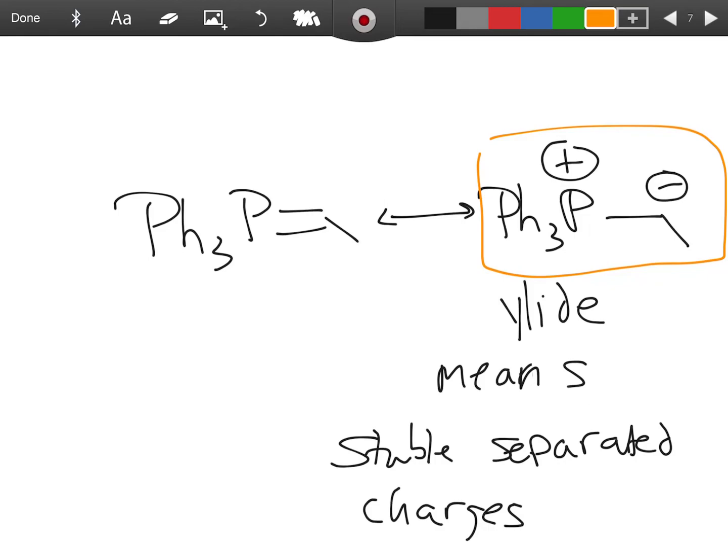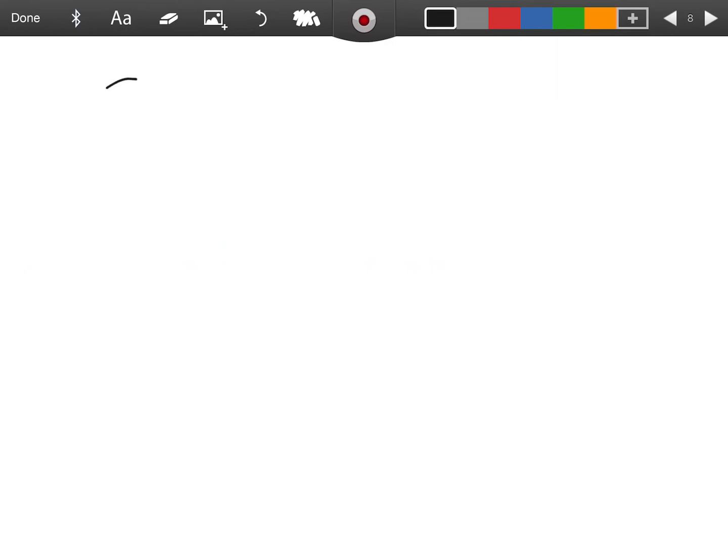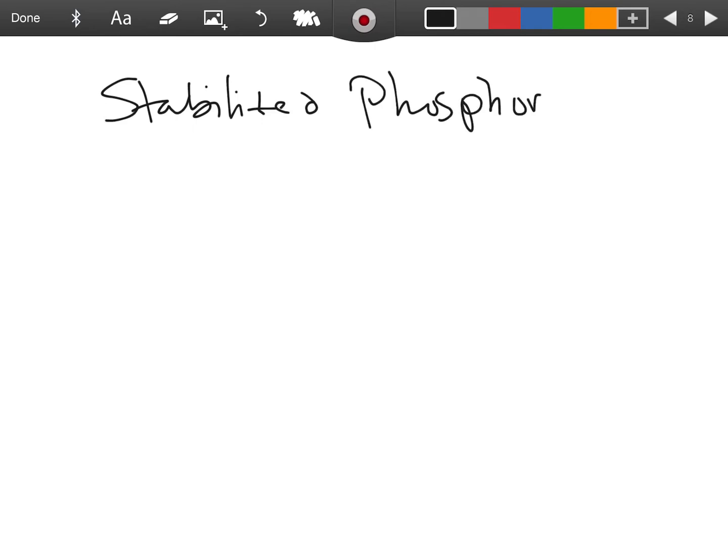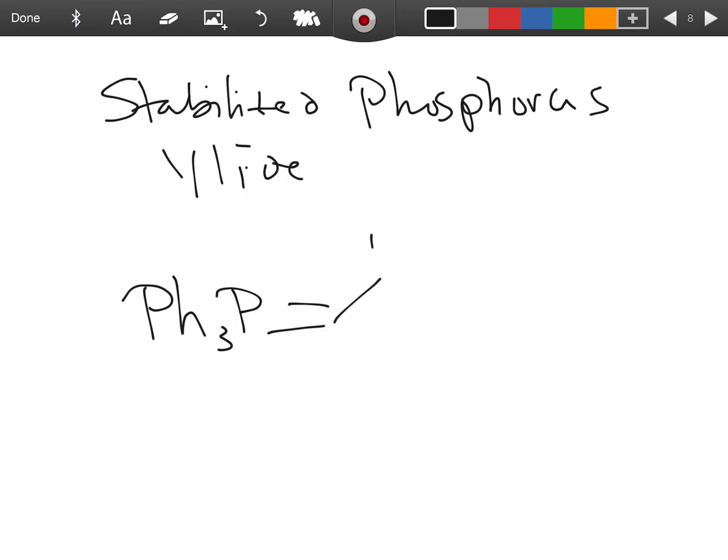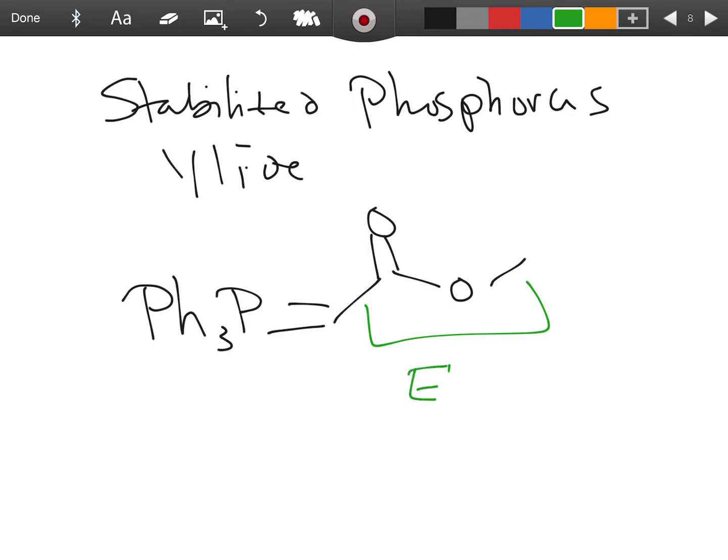A stabilized ylid has some electron withdrawing group. 99% of the time you see these, they're going to be an ester or a carboxylic acid. You're going to have a C double bond O as your electron withdrawing group.